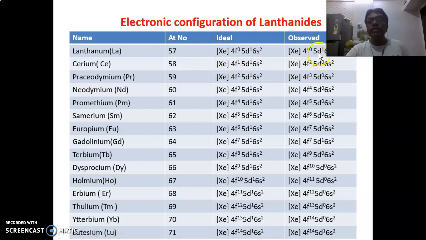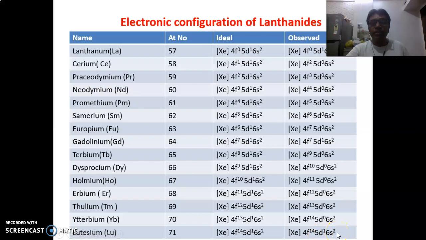We cannot shift the electron of the 5d orbital of lanthanum to the 4f orbital, because lanthanum is not an f-block element, it is a d-block element. So we cannot change this electronic configuration. Onwards from cerium, the electrons are added into the 4f orbital, and the last element lutetium has the electronic configuration 4f14 5d1 6s2.